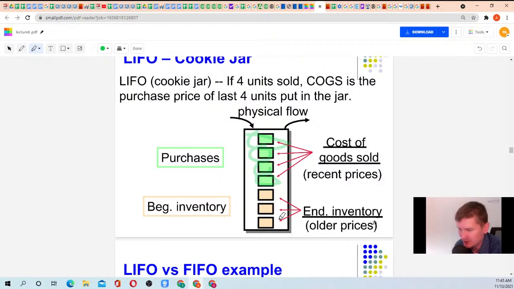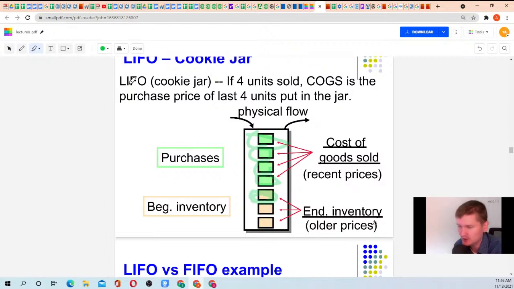So, for example, if you have some groceries, in reality you might be selling what you purchased earlier. But in your books, you reflect it as if you are selling the ones which you've just purchased.